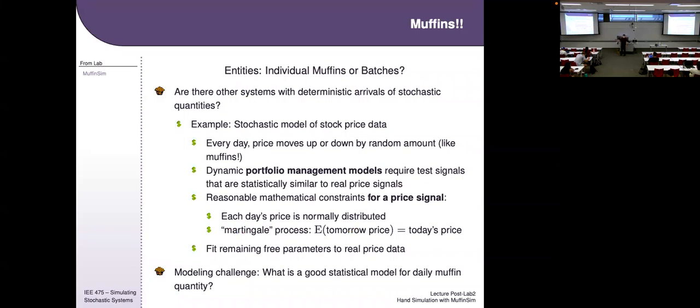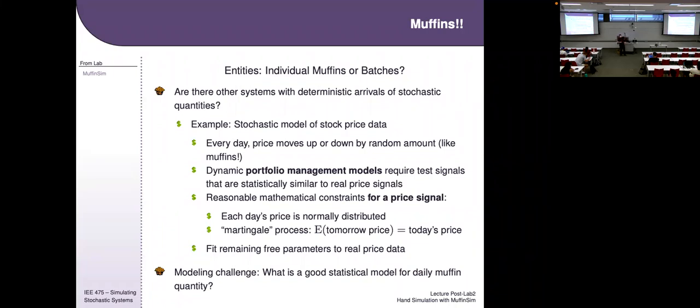And what that just means is that the average for tomorrow's price equals the actual price we see today. So every day is a normal distribution, but they're all anchored in mean to the previous day's actual price. And if you do that, you get a continuity of price where if your price is like $100 a share, the next day it's probably not going to be $2 a share.